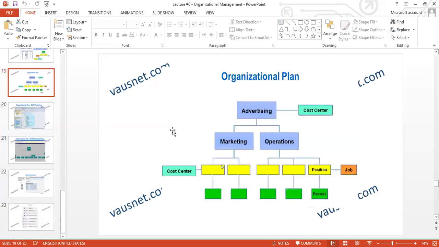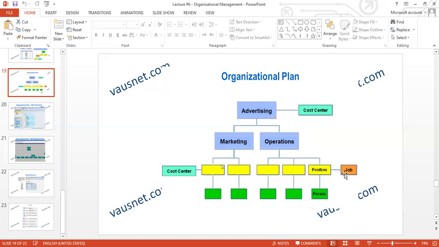So in a company's structure, it is laid out by various departments like marketing and operations. And under marketing, of course, there will be units or positions. And positions will be held by persons. And those positions will be costed by cost center.